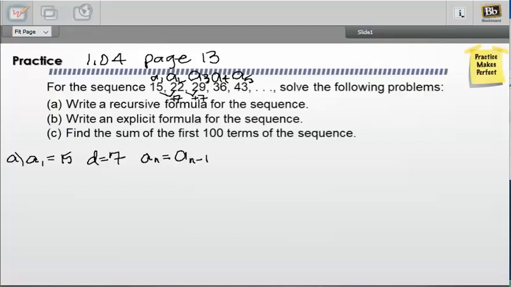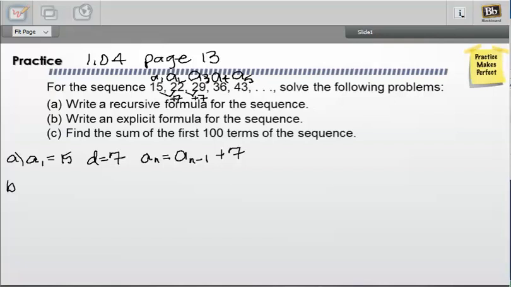So that's where A sub n minus 1 comes from, because we're dependent on that previous term. And then I'm going to add 7 to the previous term. So like for the first term, and remember n always has to be greater than 1, I would plug in 15 plus 7 to get 22. Then I'd plug in 22 plus 7 to get 29, and so on. So there's my recursive formula.